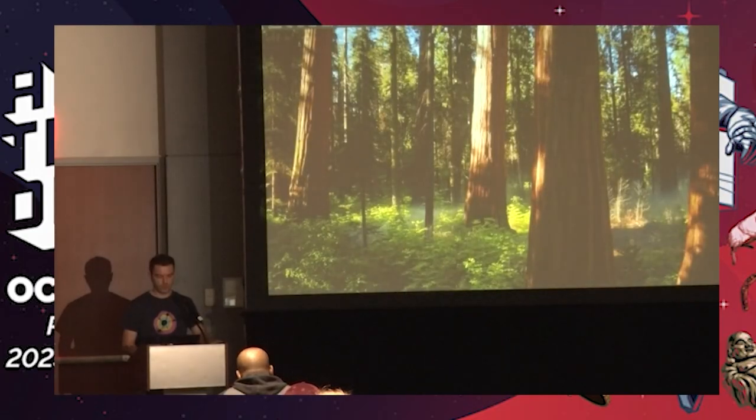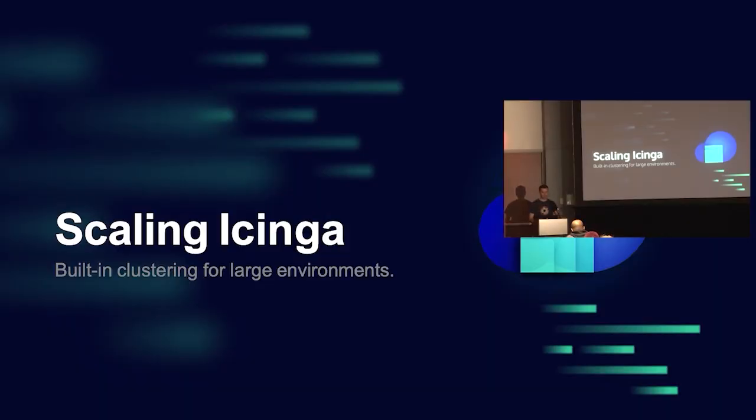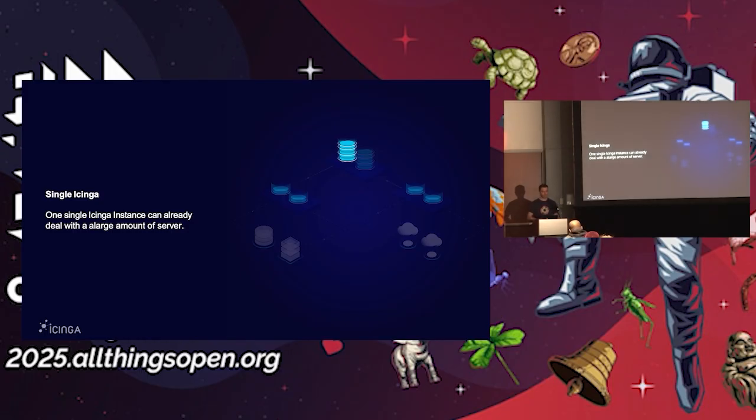The last thing I want to share with you is how this works in very large environments. We've been creating Icinga with large IT infrastructure in mind, and that means that from the beginning we created a cluster mechanism which is built into Icinga. So there's no third-party software required to create clusters with Icinga.